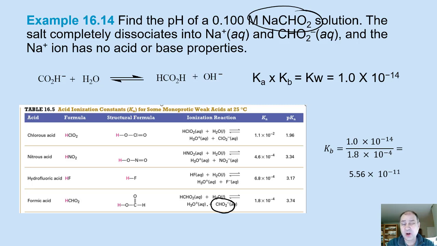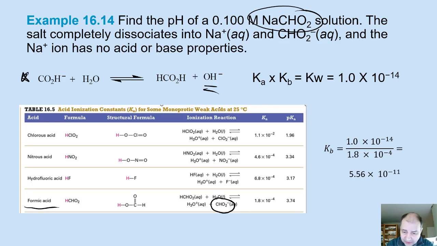If it's not on there, it probably comes from a strong acid and it's pH neutral. But this one is not. If you find it, okay, so this is formic acid. So this compound here is sodium formate. Told you already that the sodium is nothing to worry about, but it's the formate that is going to react in the reaction shown here to form some hydroxide, which will produce a pH larger than 7. So it's going to be a basic solution.